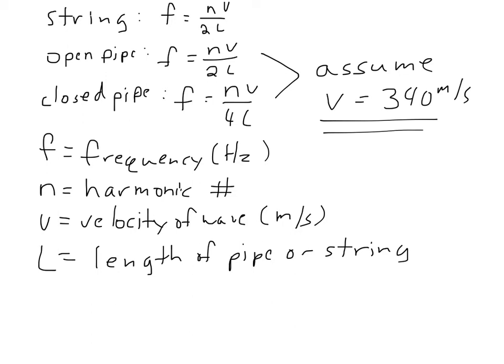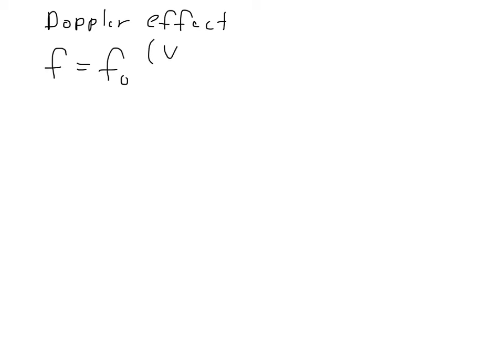Alright, so those are our first three equations, and we'll just go on to the next slide here. Our next equation is the equation for the Doppler effect. And that equation is the frequency you hear equals the original frequency, times the speed of sound in air plus the speed of the observer, over the speed of sound in air minus the velocity of the source.